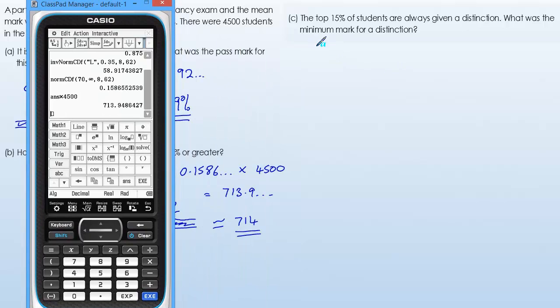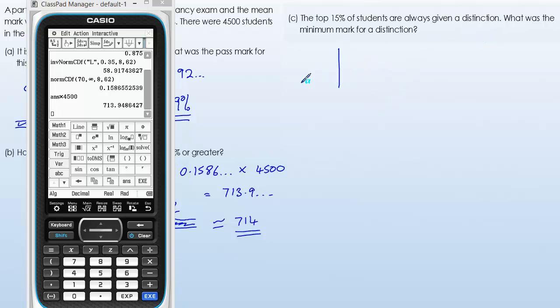Okay, so the top 15% of students are always given a distinction. What was the minimum mark for a distinction? So we need this area down here to be 15%, 0.15. And we want this, so once again this is an InvNorm.